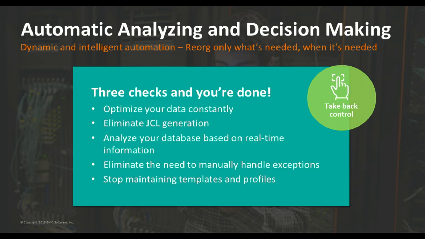And as it's running in real time, say you gave me that wild-carded job that said reorg the entire payroll database. Well, maybe as I'm running, I find out there's only one index I need to do. I'm already doing it. It's done. You're optimized. Next time you run it, now there are several partitions and certain indexes that need to be done. But you never change your job. You never generated JCL. It's completely hands-free.